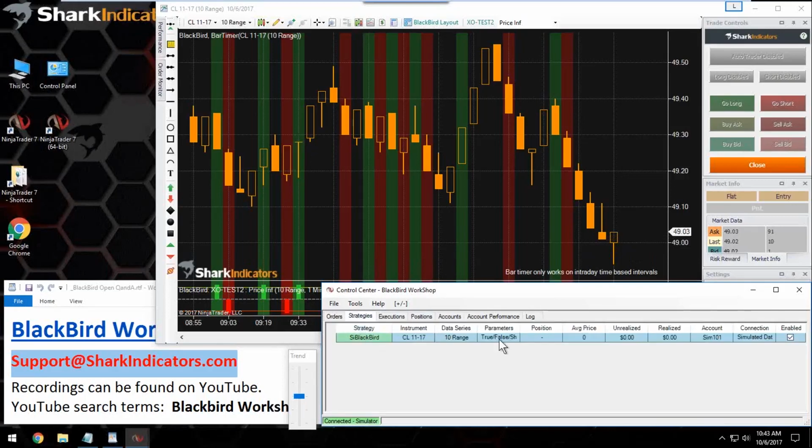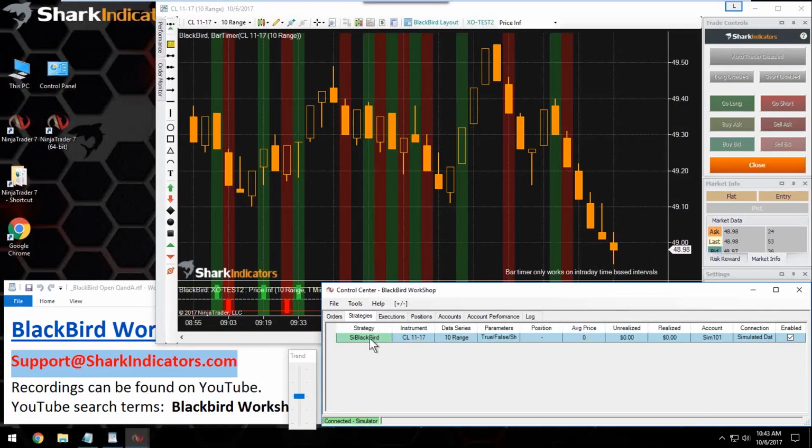So you couldn't, right, when you're on the strategies tab, you can see that there's no grand total for all running strategies, right? There's no accumulative total here.